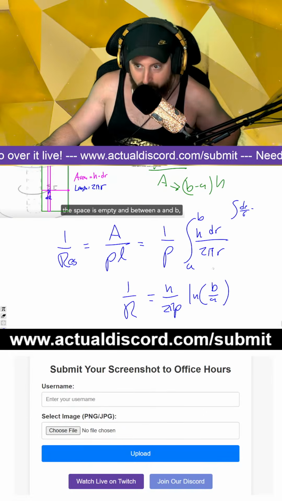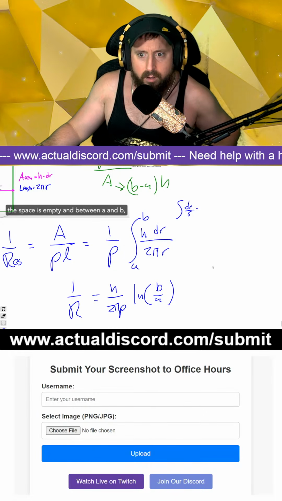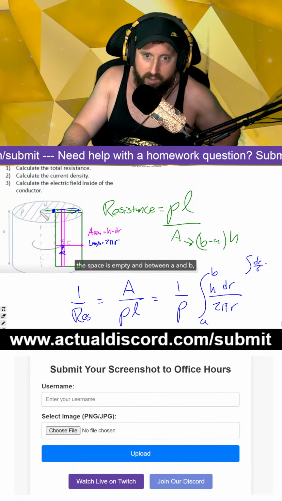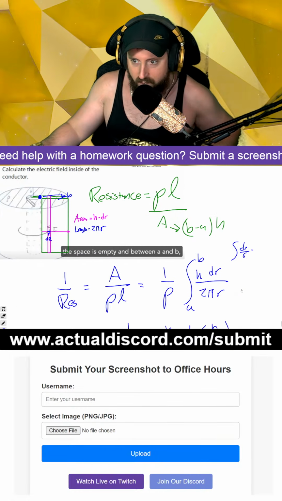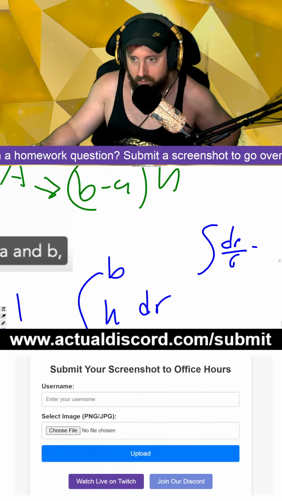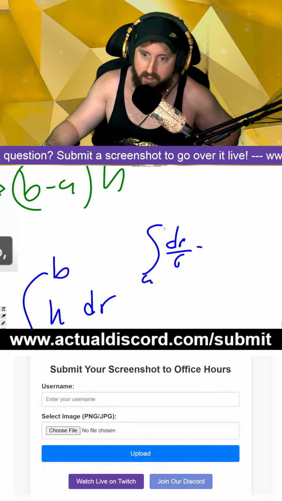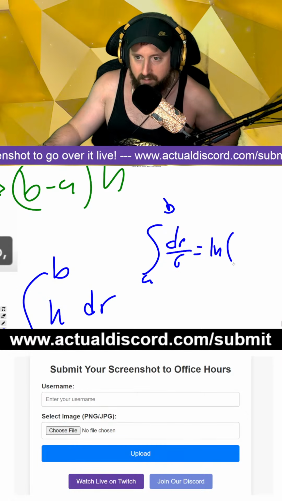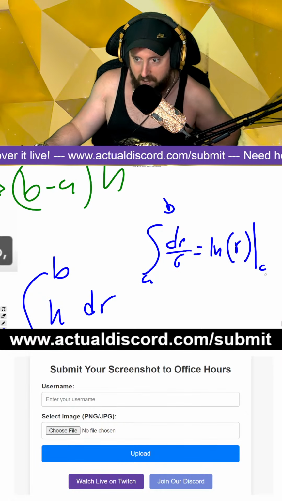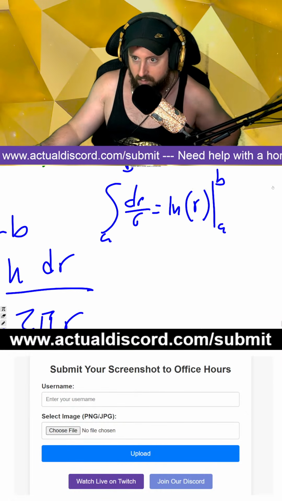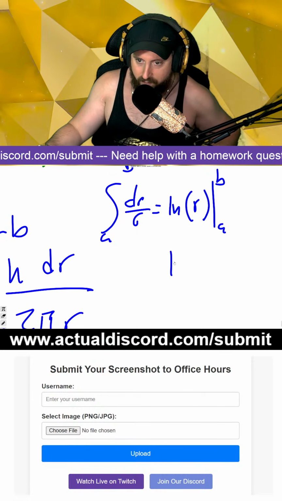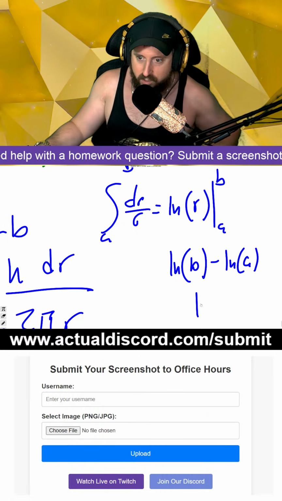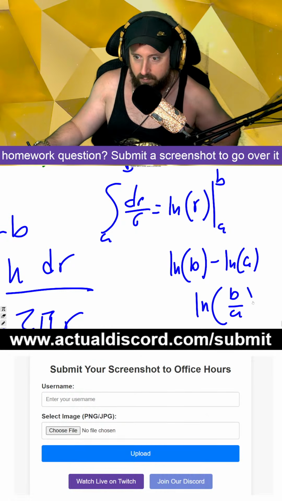Why isn't it A over B? Okay. So I'm integrating from R is equal to A all the way to R is equal to B. When you do an integral from A to B, this is the same thing as ln of R evaluated from A to B. But then by the fundamental theorem of calculus, this is ln of B minus ln of A, which is then the ln of b over a.